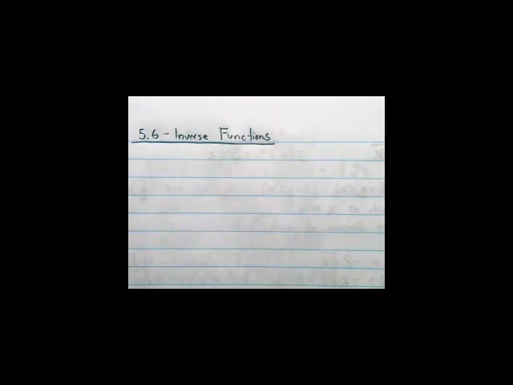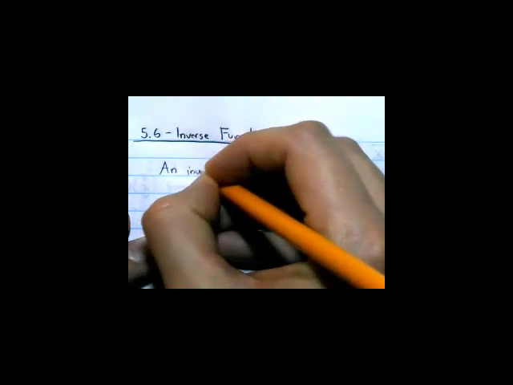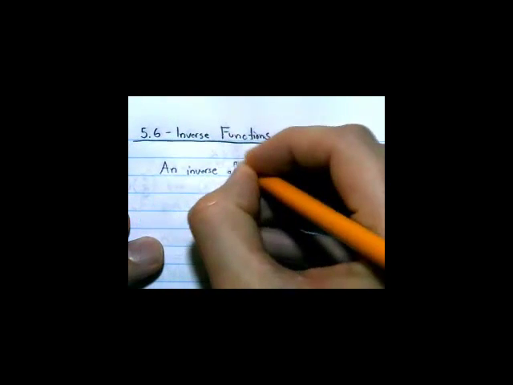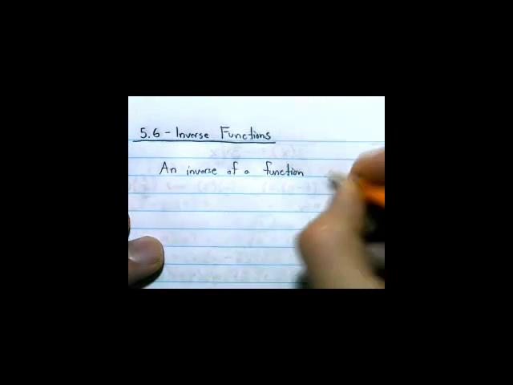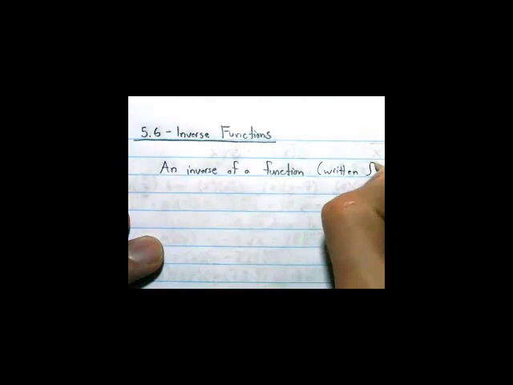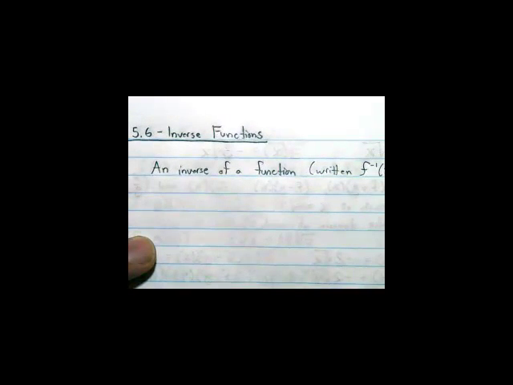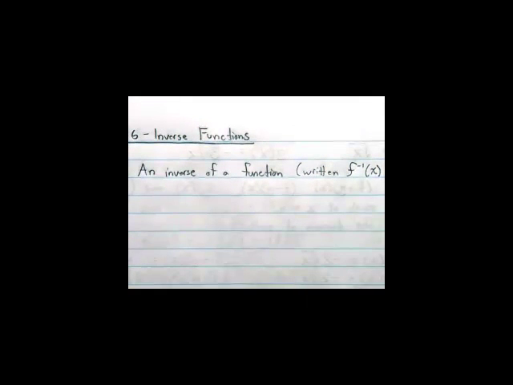So the definition goes something like this. An inverse of a function, and it is written as f with a little -1 of x, like that. I know it looks like you're raising it to the negative first power, but that's actually the notation just for inverse.